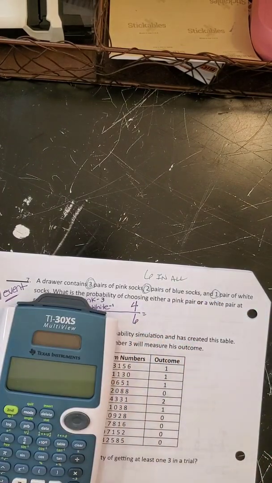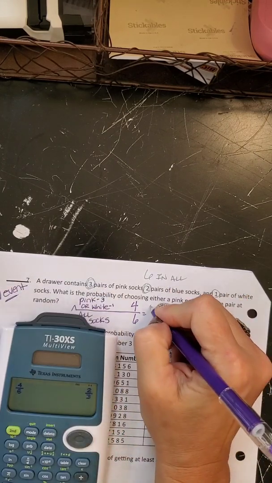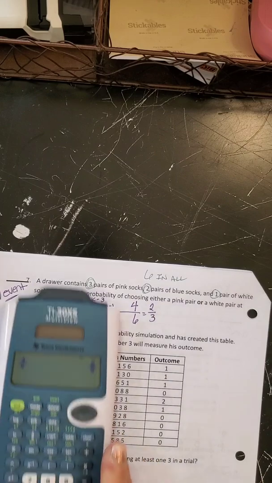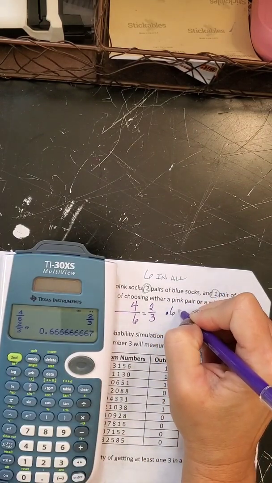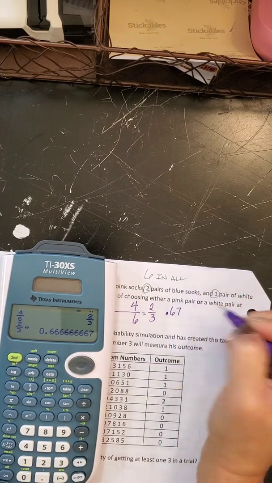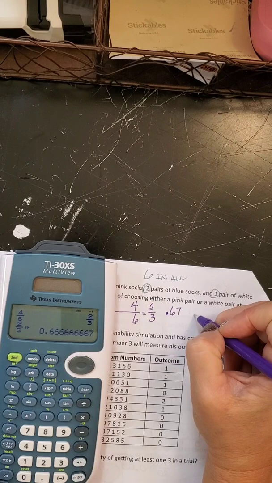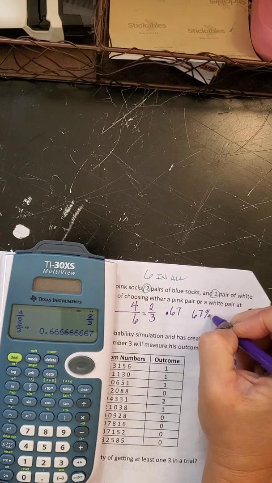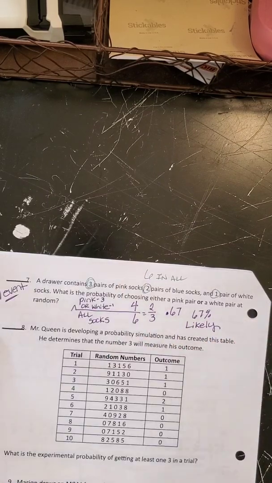And when we put that in our calculator, that is 2/3. And then we change that to a decimal, 0.67. We're going to round that to 67, which would be 67%. And we will call that likely.